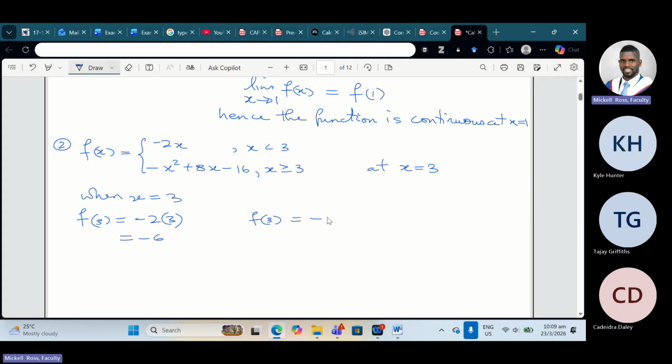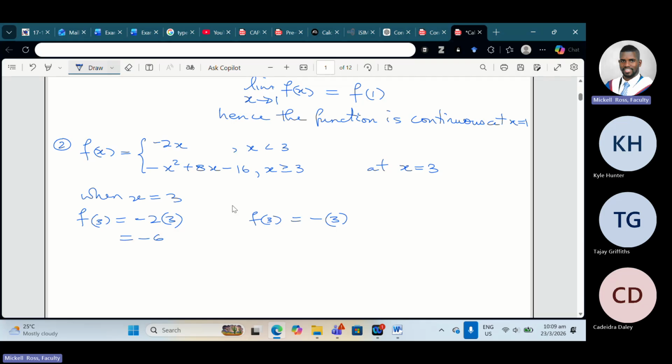That's going to be equal to negative, oh, well, it says when x is equal to 3.